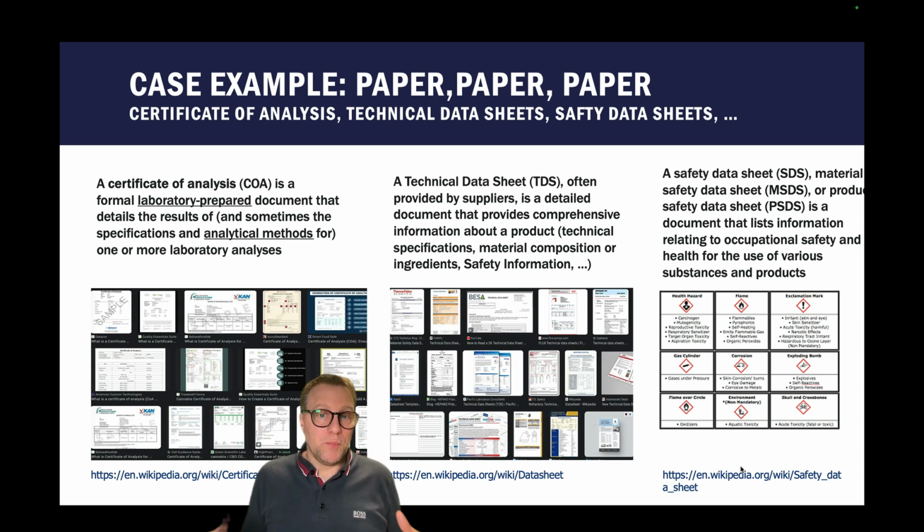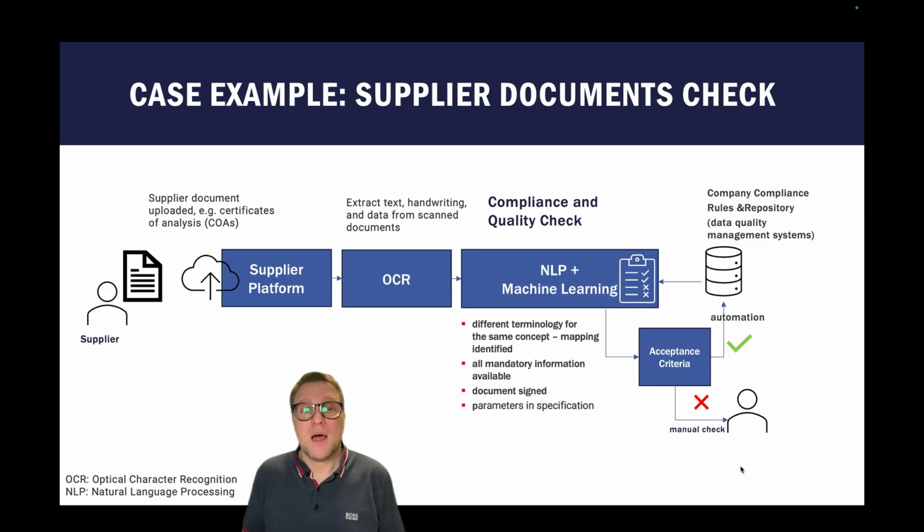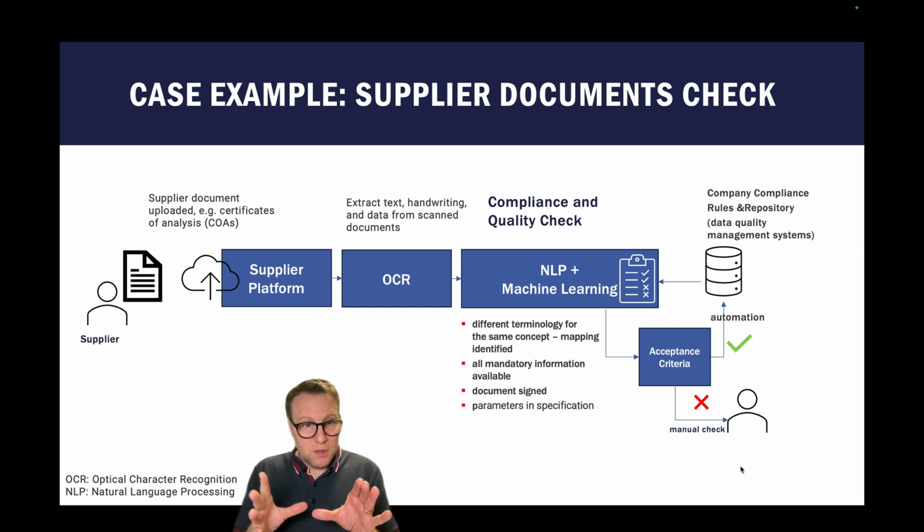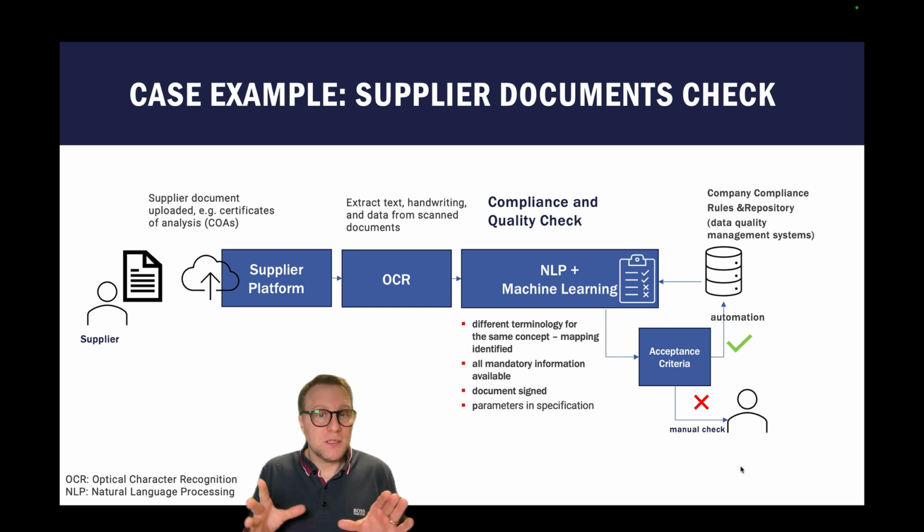And more precisely, if you look at the sheets, the optical character recognition topic. So how does it typically work? If you don't have a full suite like shown in the first picture, mostly the supplier comes with a document, as we have seen, and maybe you build your own supplier platform or your own upload system.